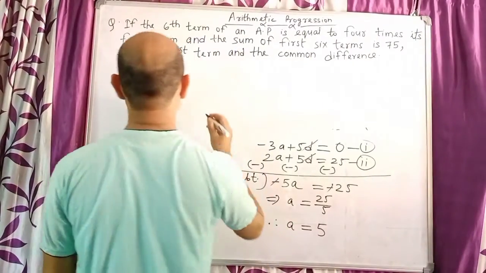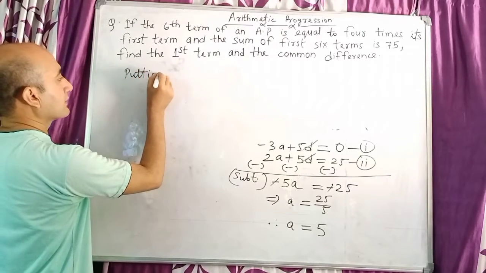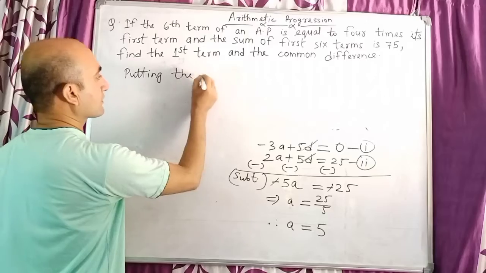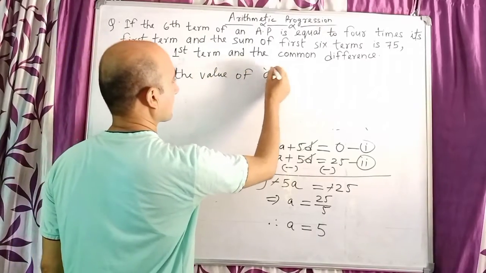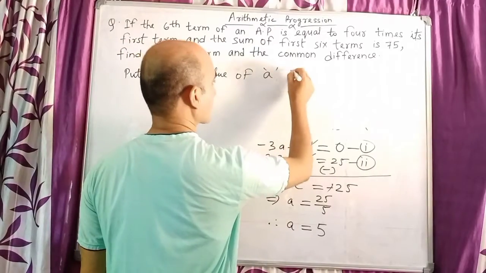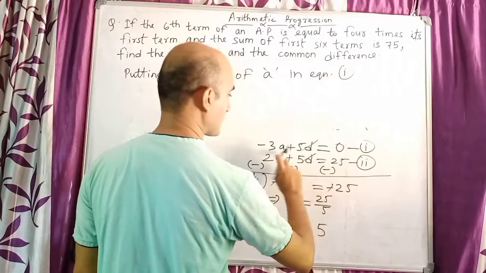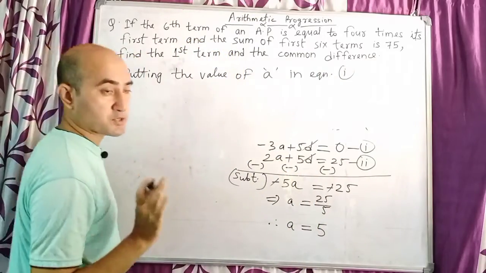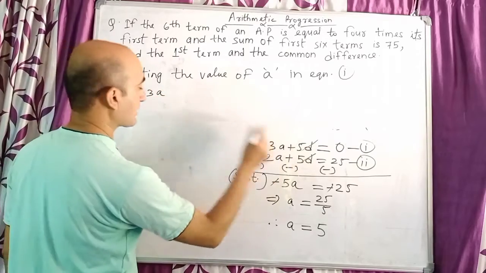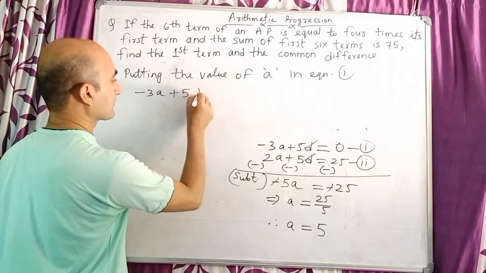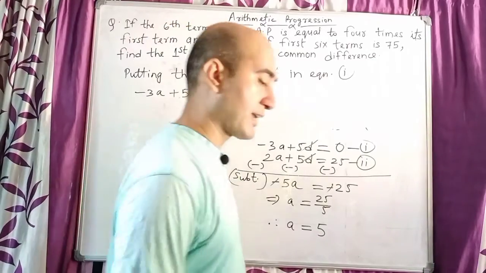So my next sentence will be putting the value of a in equation 1, and my equation 1 is here. I can even put in equation 2 as well. So my equation 1 is minus 3a plus 5d equal to 0, and don't forget my value of a is 5.